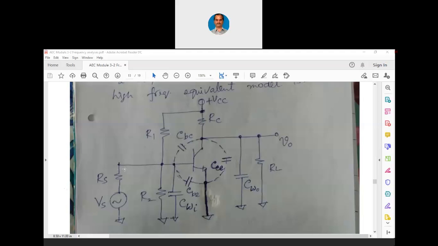So even at the input you have a wire, even at the output you have a wire. Now, with respect to any wire, there will always be a ground wire.